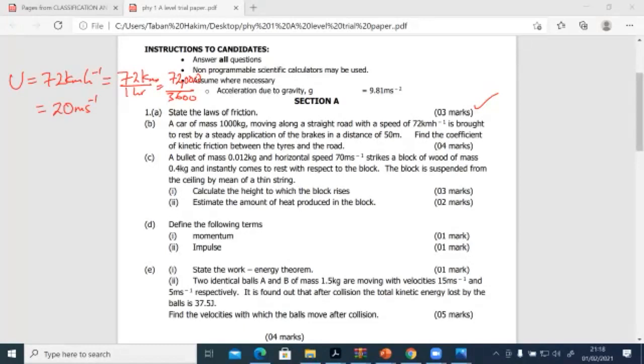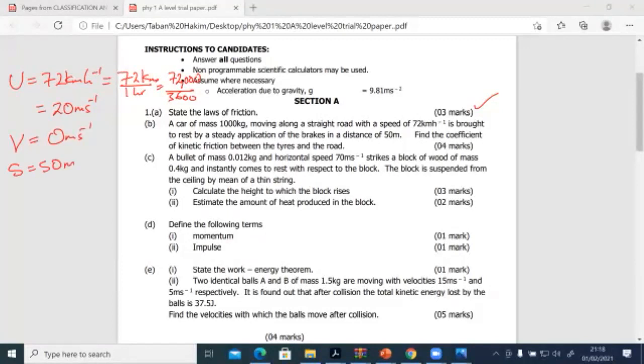Then it is brought to rest. That means that the final velocity is 0 meters per second, by a steady application of the brakes in a distance of 50 meters.